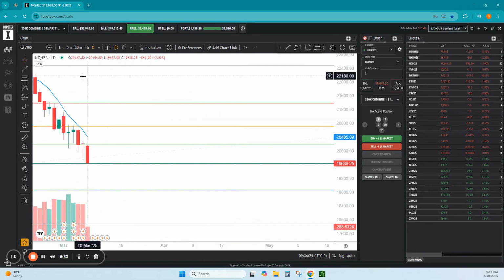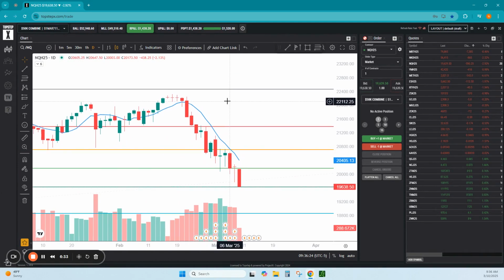Zoom into the more recent days. Price came down. Look at how this Fibonacci is acting as a resistance area on the 26th of February and the 27th of February. Here's our fib level.